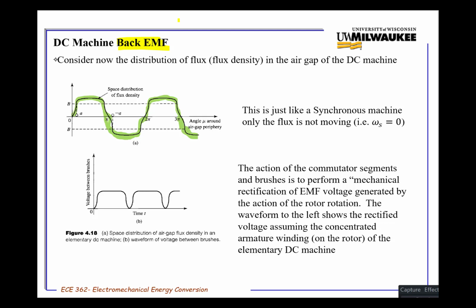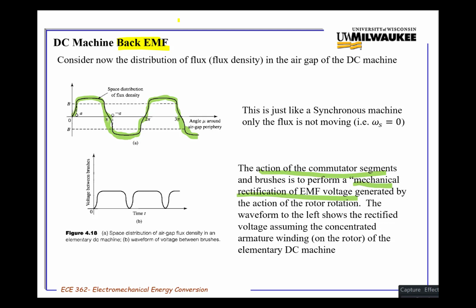Well, essentially, I told you that the action of the commutator segments with respect to the flux linking the field to the armature, you know, the armature is on the rotor, field on the stator, the action of the commutator is essentially a mechanical rectifier of the EMF voltage.